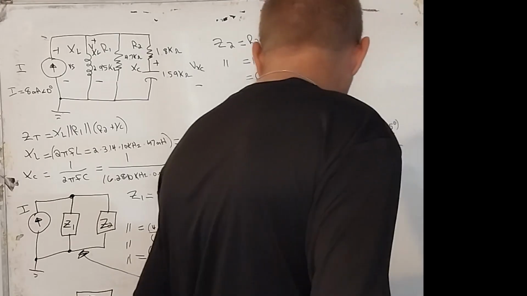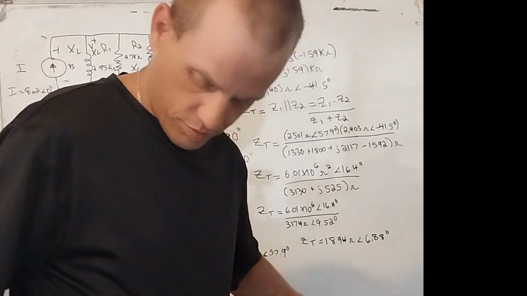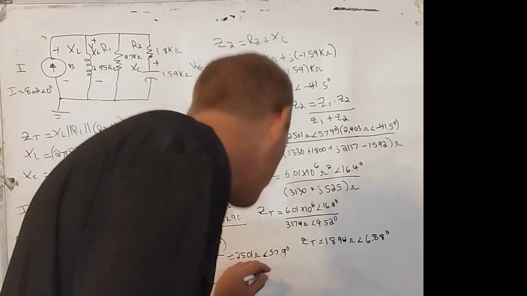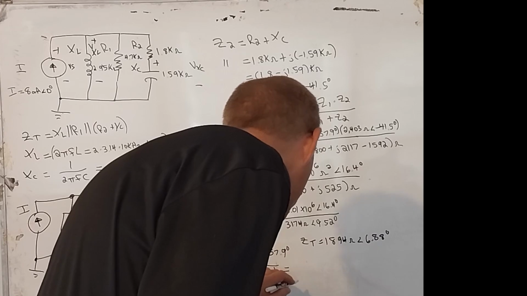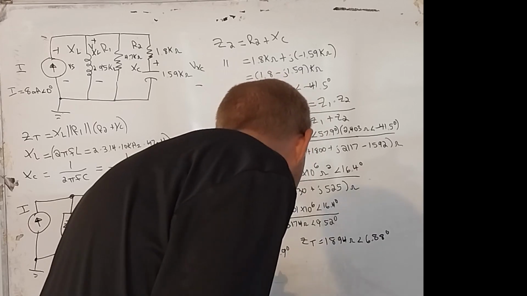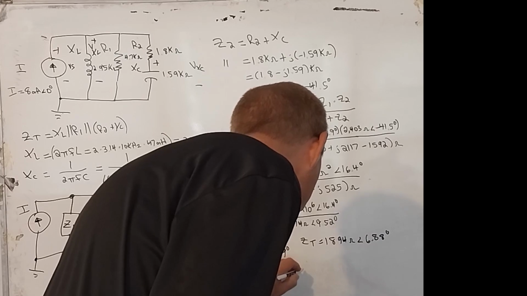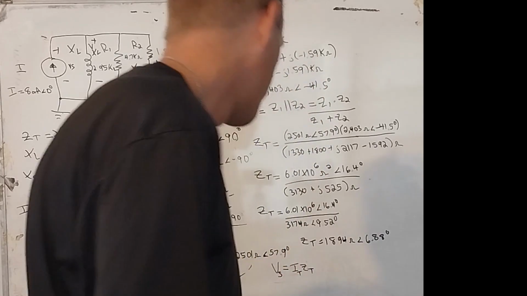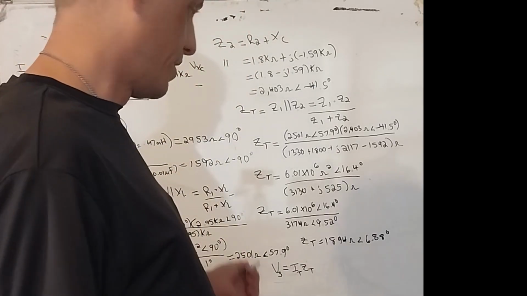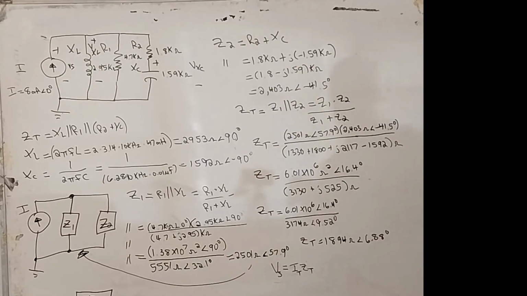So V is equal to Vs, which is equal to the total current, Is, times Zs, source total. We just use a subscript to remember what it is we're looking at and calculating.